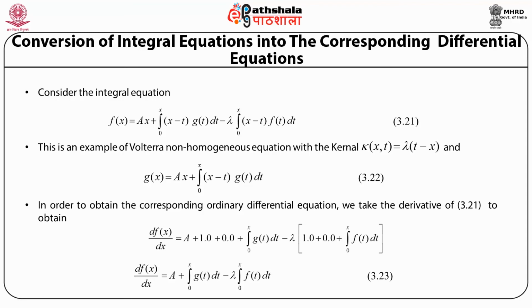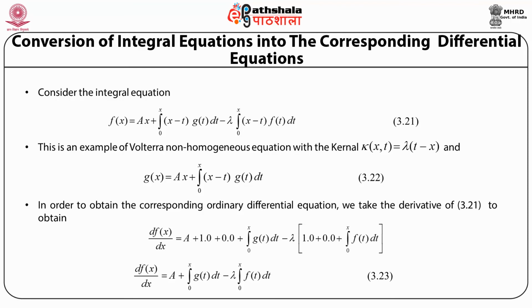The upper limit is x, so its derivative is 1, multiplied by 0, plus the derivative of the lower limit, which is 0 itself, plus the derivative of (x minus t) with respect to x, integral 0 to x, g(t) dt, minus lambda times the derivative of the upper limit, which is 1, the derivative of the lower limit being 0, and the third term, integral 0 to x f(t) dt.